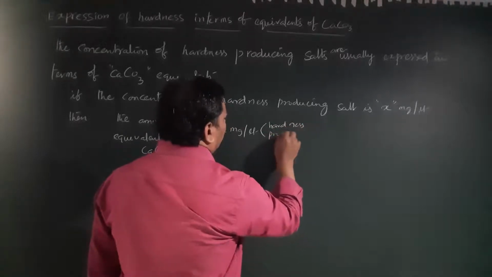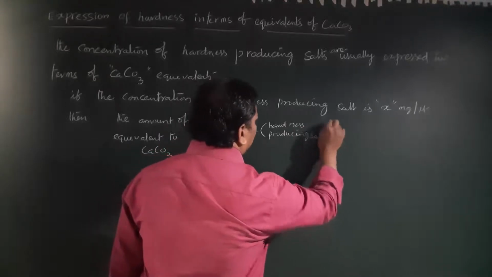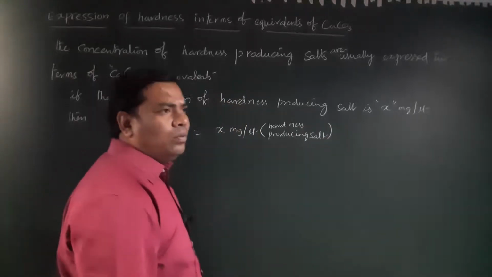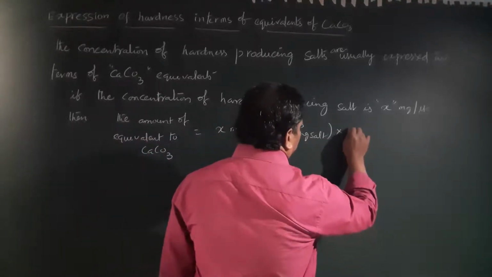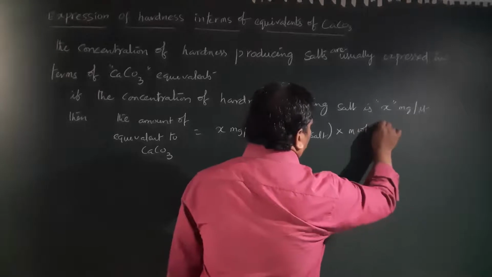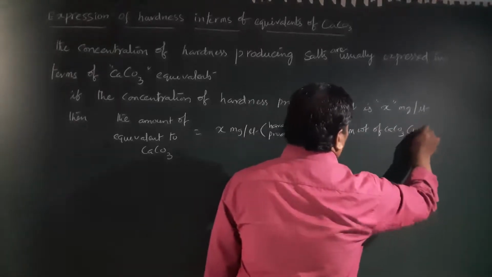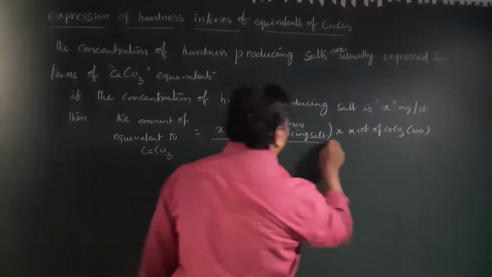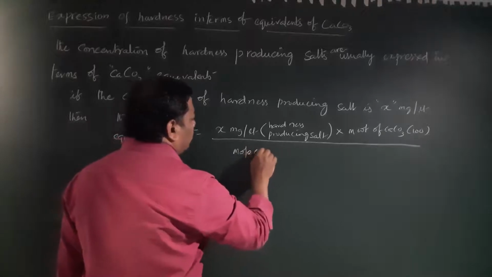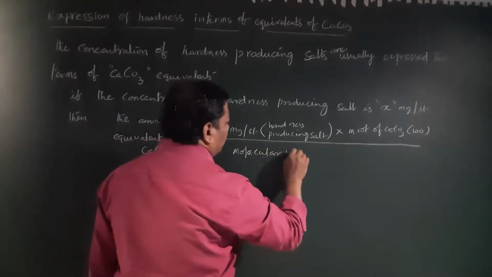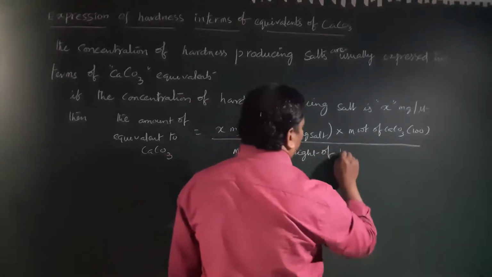X is nothing but the milligram per liter of hardness producing salt into the molecular weight of CaCO3, which we know very well is 100, divided by the molecular weight of the hardness producing salt.